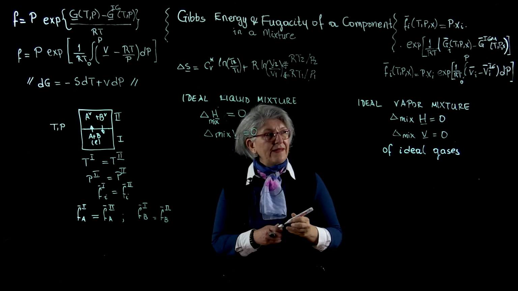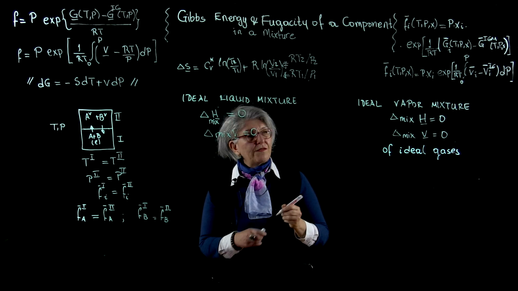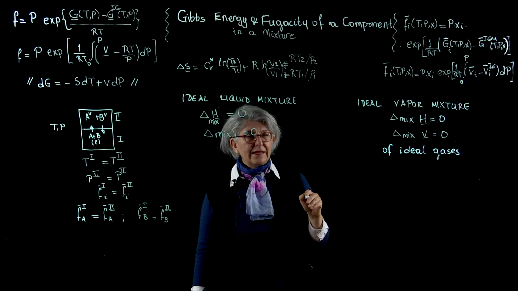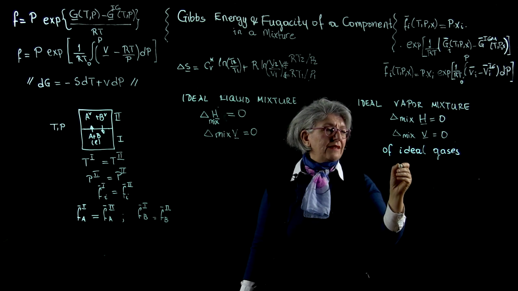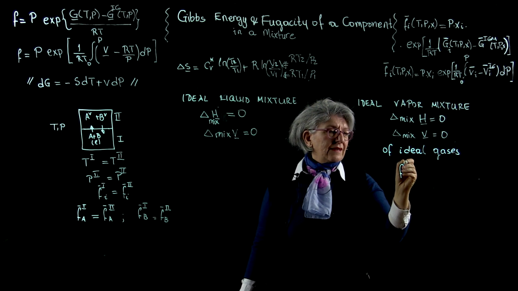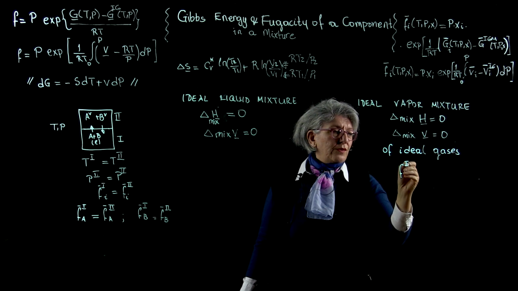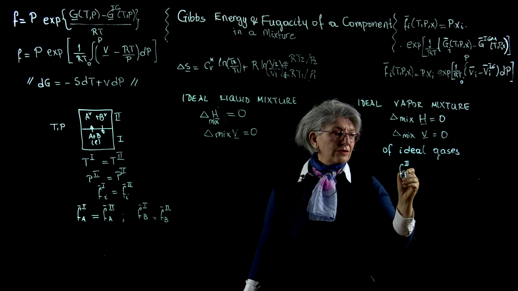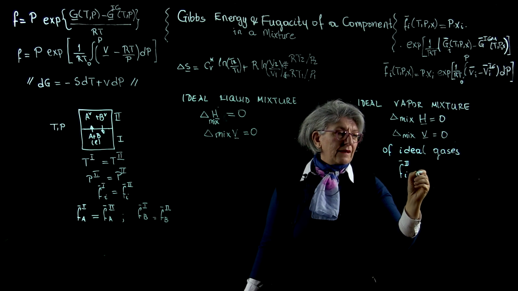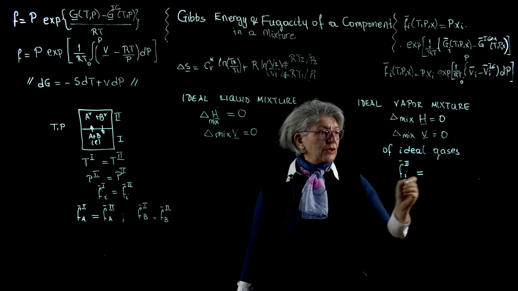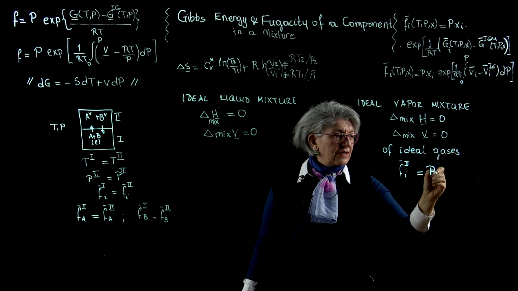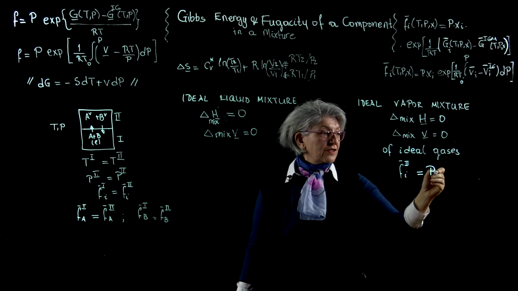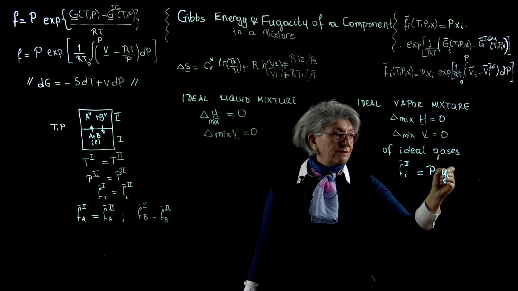If I have an ideal vapor mixture of ideal gases, my fugacity of component i in phase 2 should be equal to the total pressure times the mole fraction in the vapor phase.